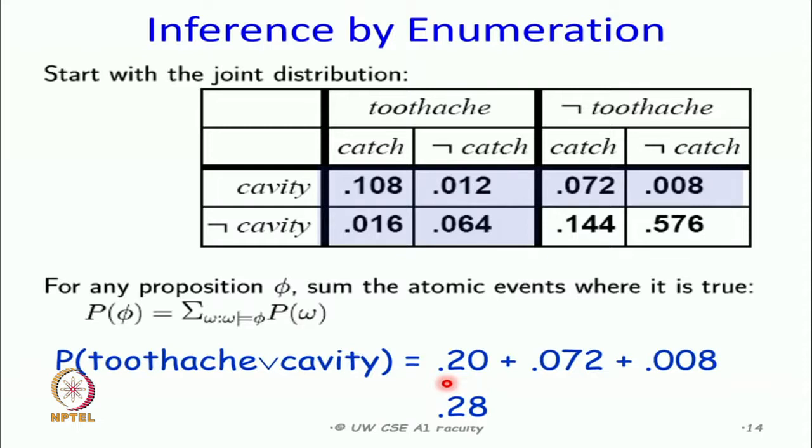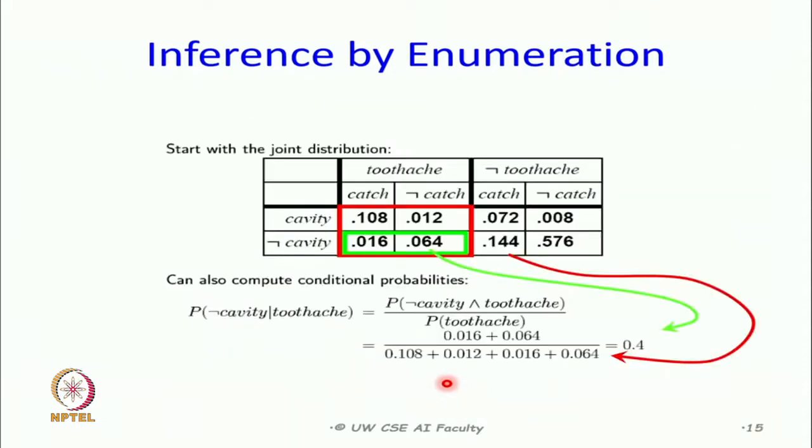In the denominator I am going to add 4, right. So, by the definition of conditional probability, I am interested in the probability of not cavity and toothache divided by the probability of toothache. The probability of not cavity and toothache is this green box, because those are the 2 numbers where cavity is false, toothache is true, and the probability of toothache is the red box, because that is the set where toothache is true, and so you compute the conditional probability.